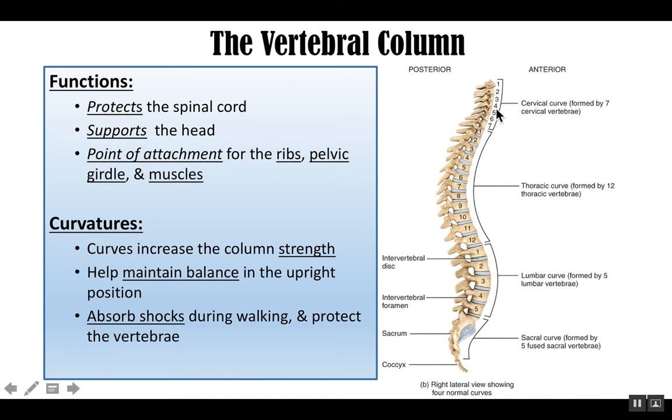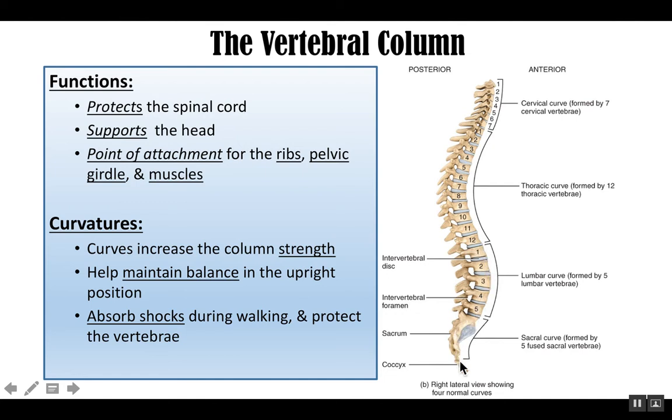The regions of the vertebral column include the cervical region, which has 7 bones, C1 through C7. The thoracic region, which has 12 vertebrae, called T1 through T12. The lower back area, called lumbar, has 5, L1 through L5.